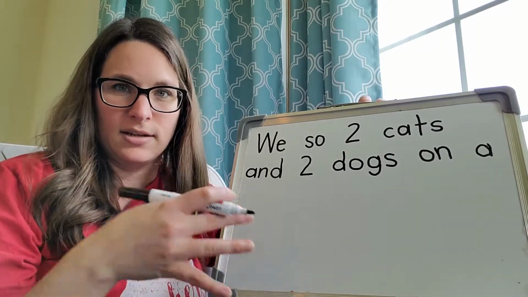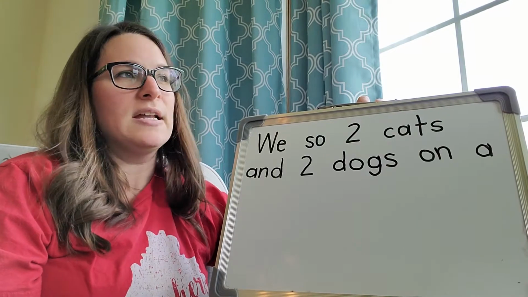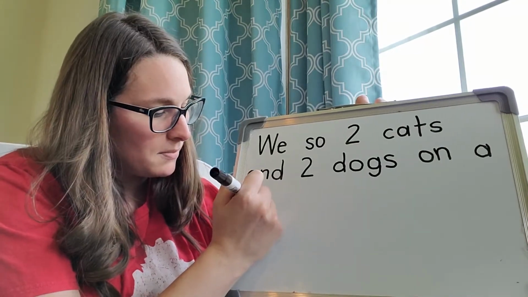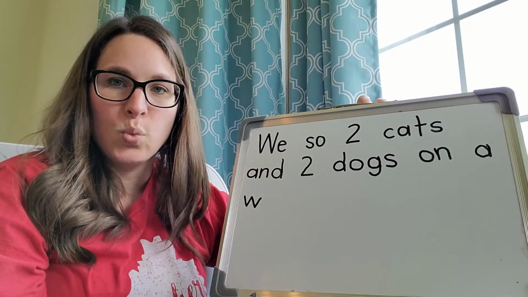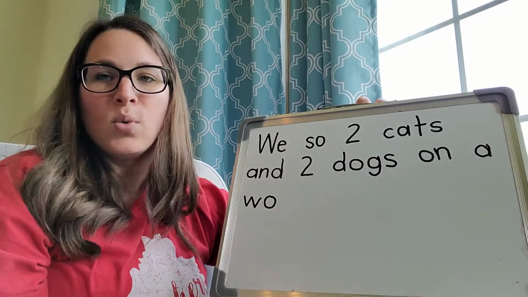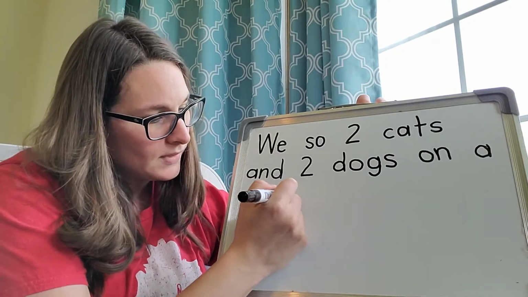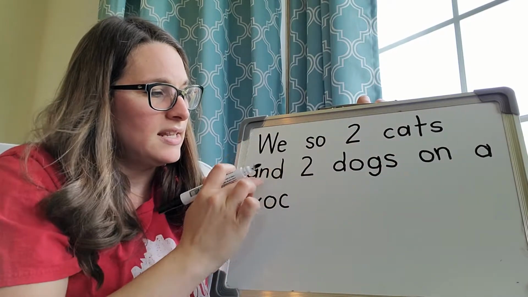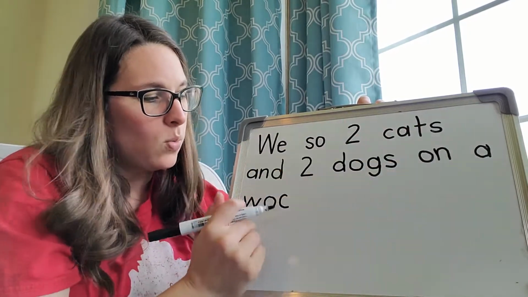So I'm going to do it like if I were a kindergartner. I'm going to write walk. I hear the w sound, so I'm going to write a W. Walk, I hear an O. Walk, and the k sound. We saw 2 cats and 2 dogs on a walk.